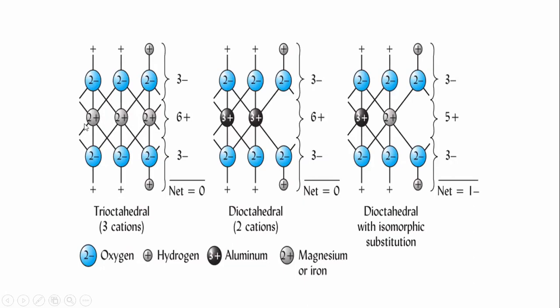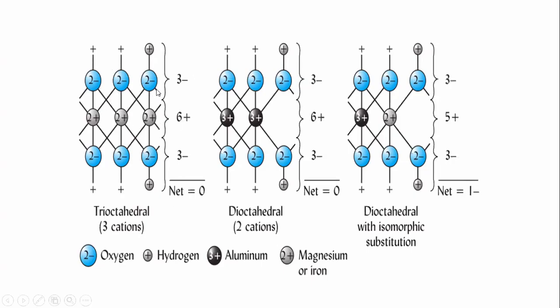There are 3 magnesium ions to satisfy all the charges, right? That is why this is trioctahedral. Here the net positive charge is 6. Okay, that's clear.